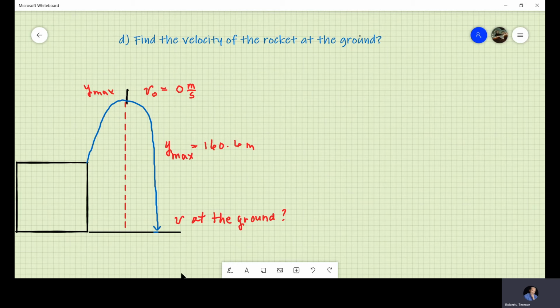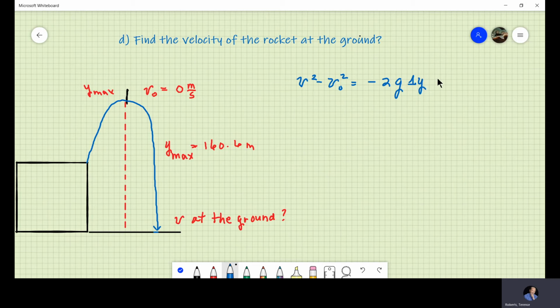We're going to use this equation, where y in this case will actually equal y max, from what we saw last time when we did the maximum height.